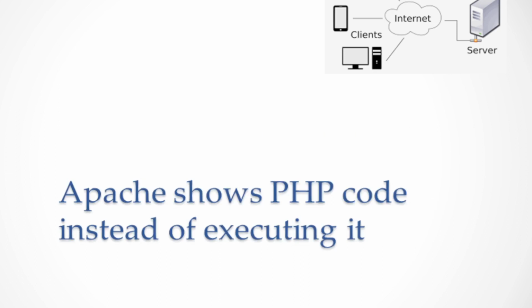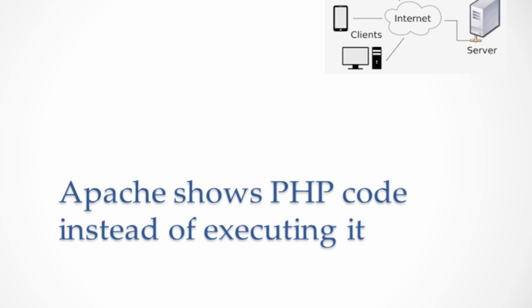Sometimes you can face this kind of issue, where your PHP code is showing the exact code instead of showing the output. In that case, you need to check your PHP INI setting and httpd.conf setting. You will find that there is a modules directory in your etc path.